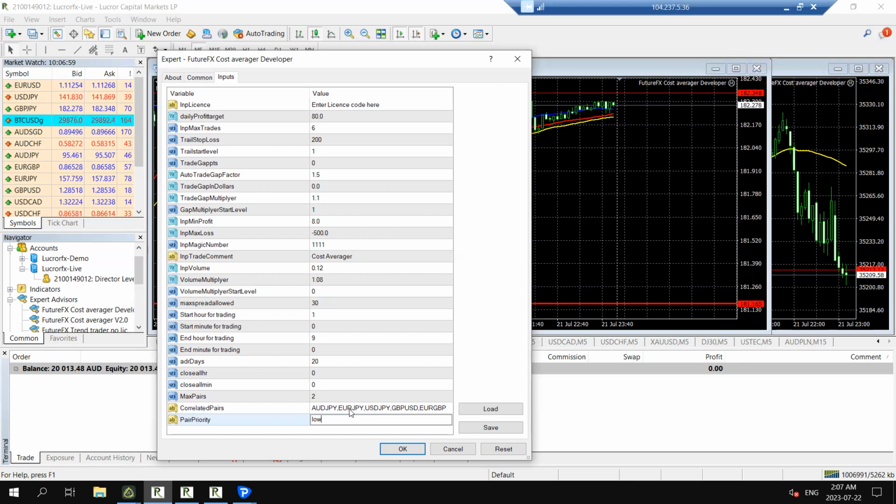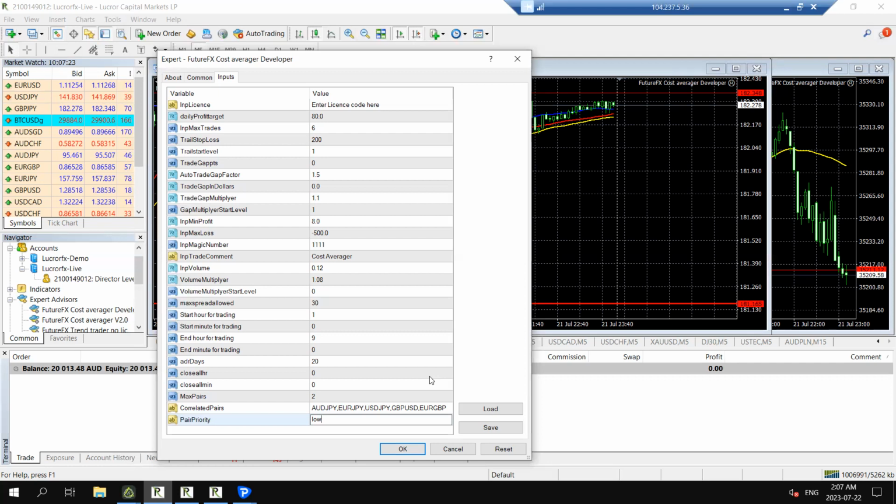So what you will need to do is, if you have the software on three different yen pairs, you should give one high priority, the other medium priority, and the other low priority. Okay, and that will minimize the risk of getting an extra pair trading greatly. So you must do that.